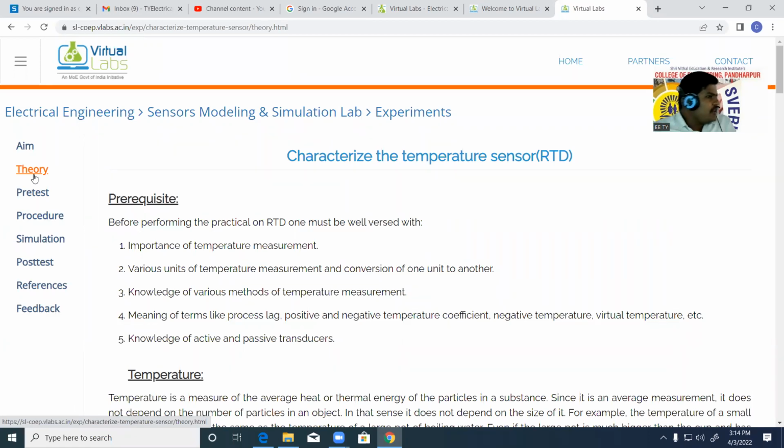Okay, what are the units of temperature measurement? Celsius, degree Celsius, no? So whether it is an SI unit or a derivative of SI unit.